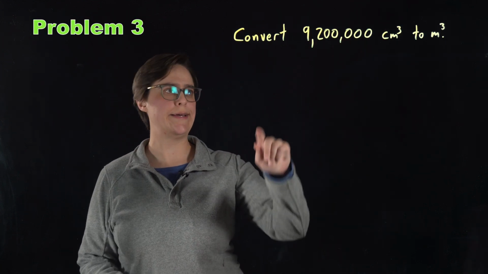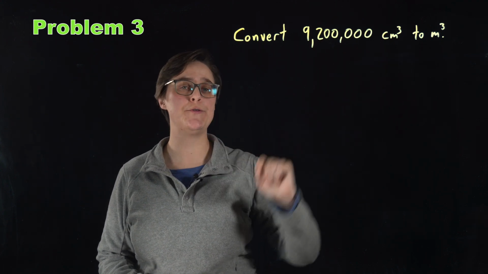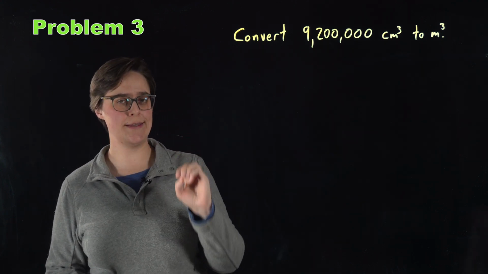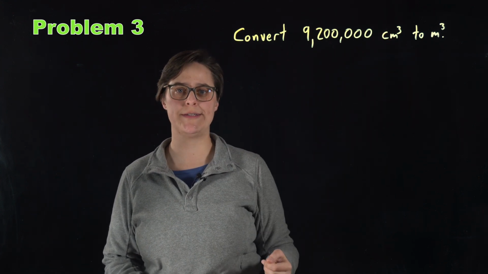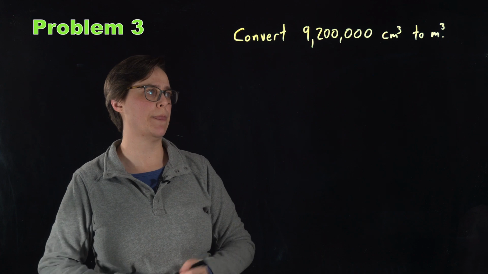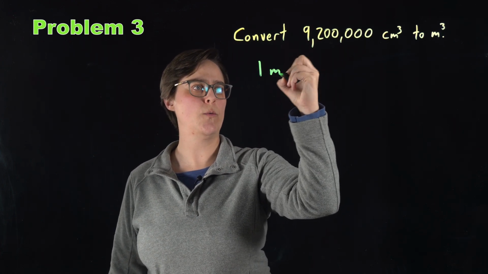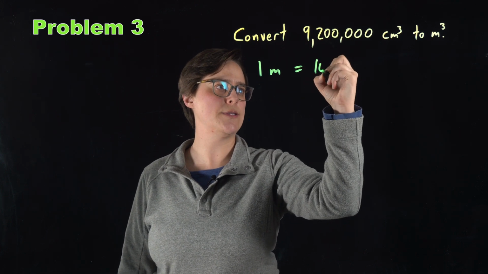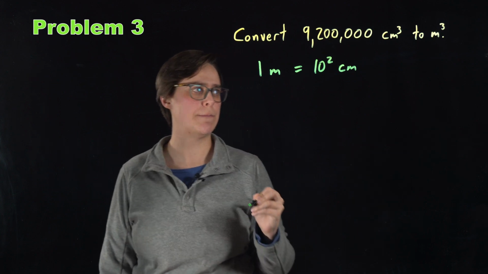And problem 3 is convert 9,200,000 centimeters cubed to meters cubed. The reason that this is harder than the last one is because we have more complex units in centimeters cubed. So I only need one equality, and that is 1 meter equals 10 to the second, or 100 centimeters.